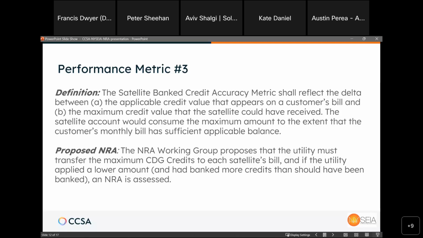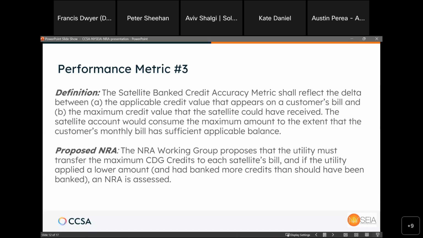Basically, what we are suggesting is to track the disparity, or the delta, between the applied credit value and the bank, merely for the fact that we have seen instances across multiple utilities in the industry where more credits are being banked rather than being applied, even though they could be applied.